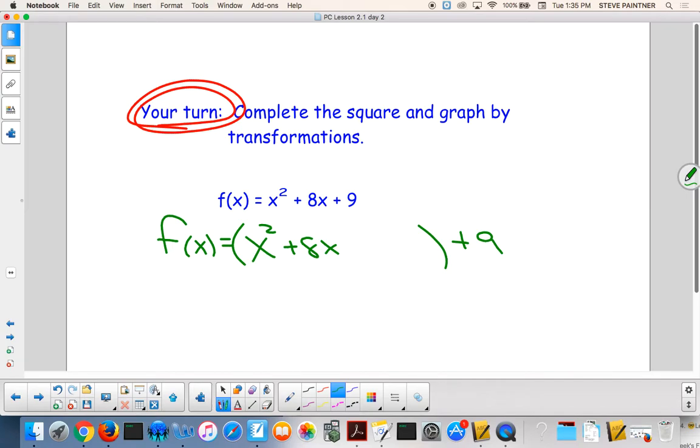Hint, hint, there's your start. That's what you should have already done. Push the 9 out, get yourself a blank, fill in the blank. Anybody stuck?